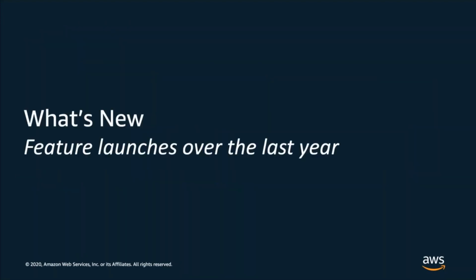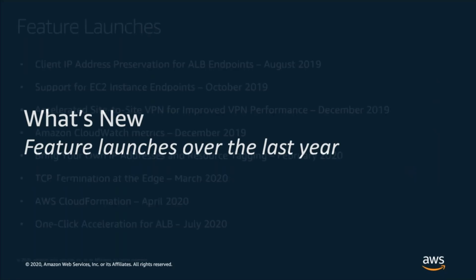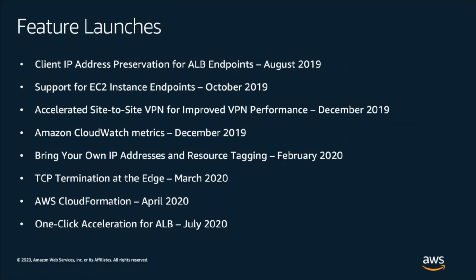Now let's go over some of the feature launches that we've released over the last year. So this is a list. We'll go through them one by one. Starting last year, the first capability we wanted to focus on was making sure that we preserve the client IP, the source IP address of the client, all the way back to the endpoint.